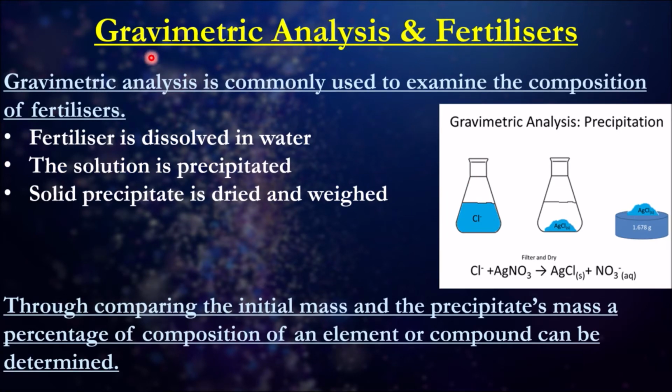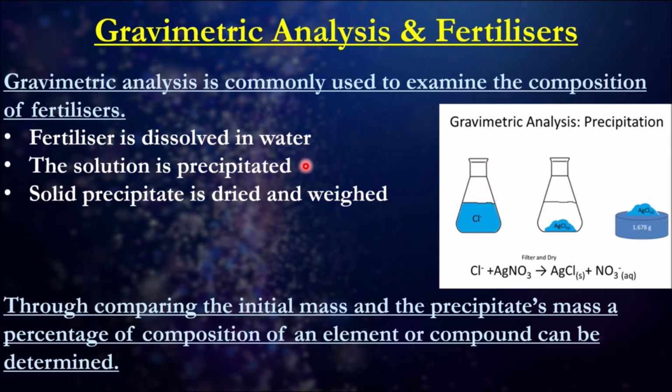So when it comes to using gravimetric analysis, the most common example of this is fertilizers. Gravimetric analysis is commonly used for fertilizers dissolved in water, the solution is precipitated, and a solid precipitate is dried and weighed. So those are the processes that need to be taken into account when doing a gravimetric analysis.